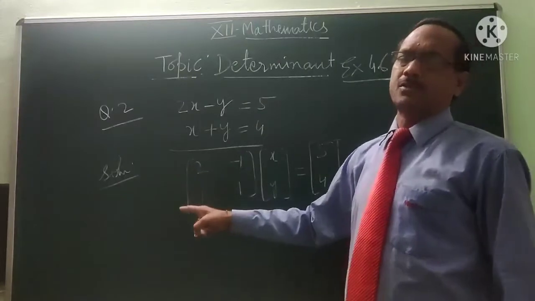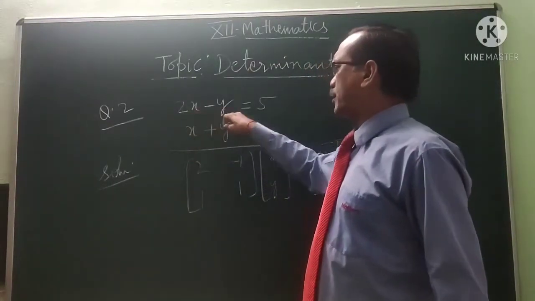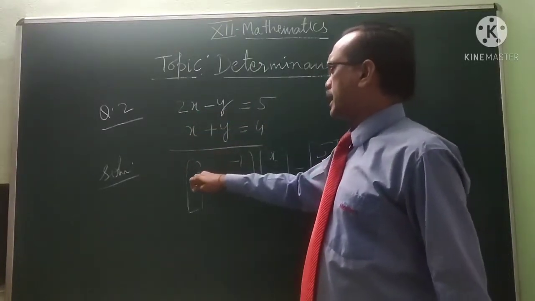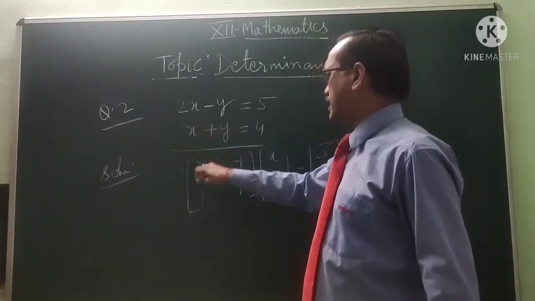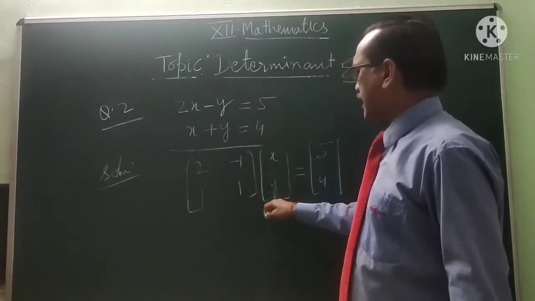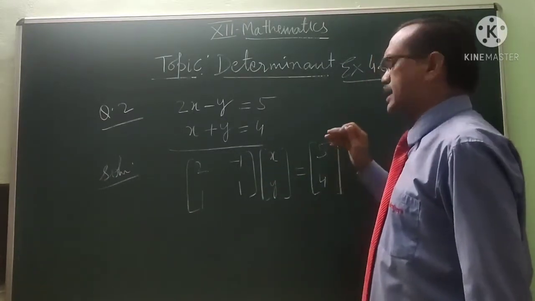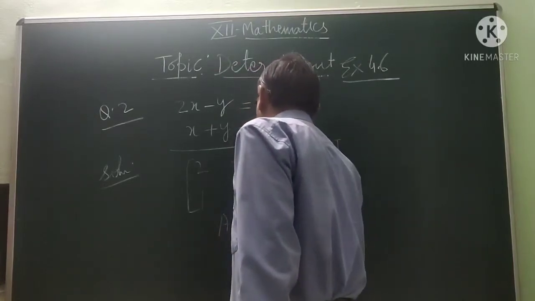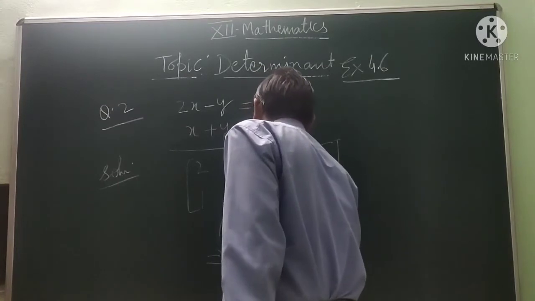This is the matrix of coefficients of the variables. So the first row is the coefficients of the first equation, it is 2 and minus 1. Second, there is a 1 and a 1, so it is 1, 1. Then the matrix of variables x and y, and that is the right hand side. Now AX equal to B. Then X equal to A inverse B.